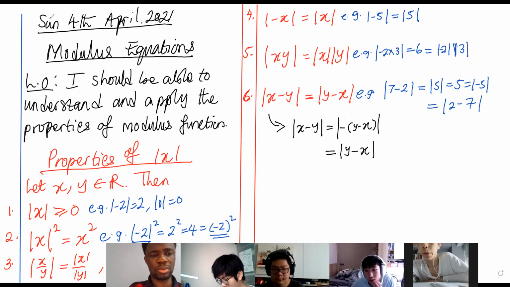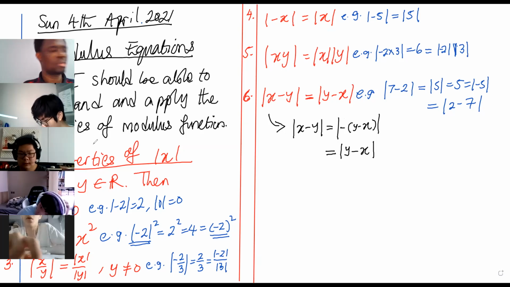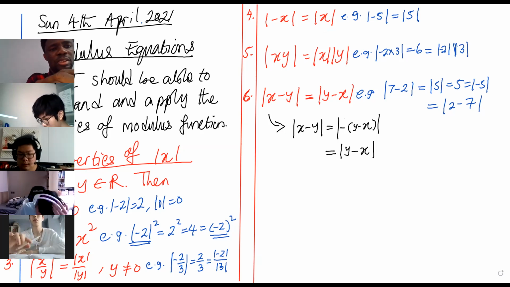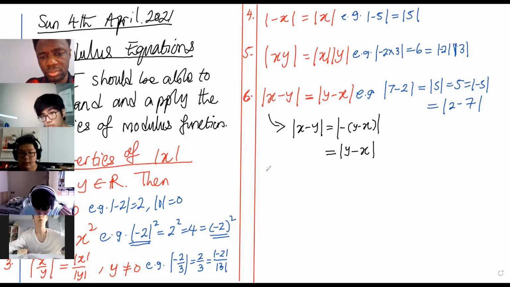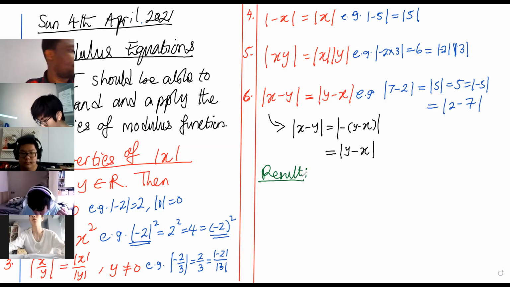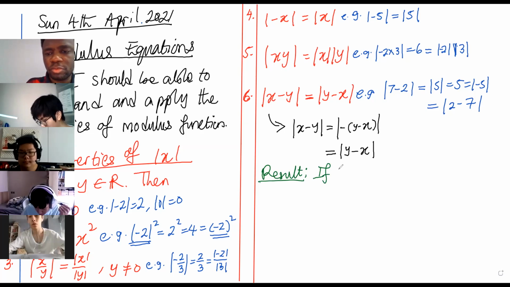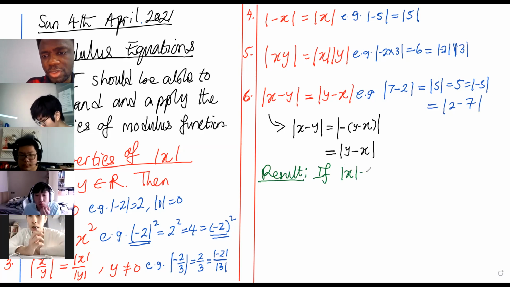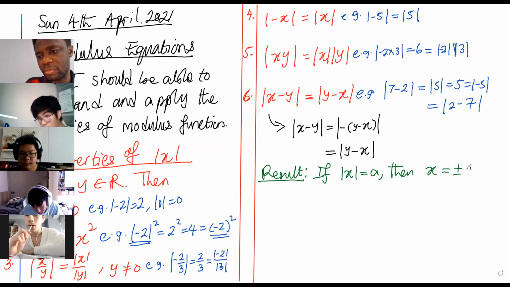Now, the last thing I was going to explain before I thought, okay, we write this in our books, is the fact that this is a result. If the absolute value of x is a, then x must be plus or minus a.